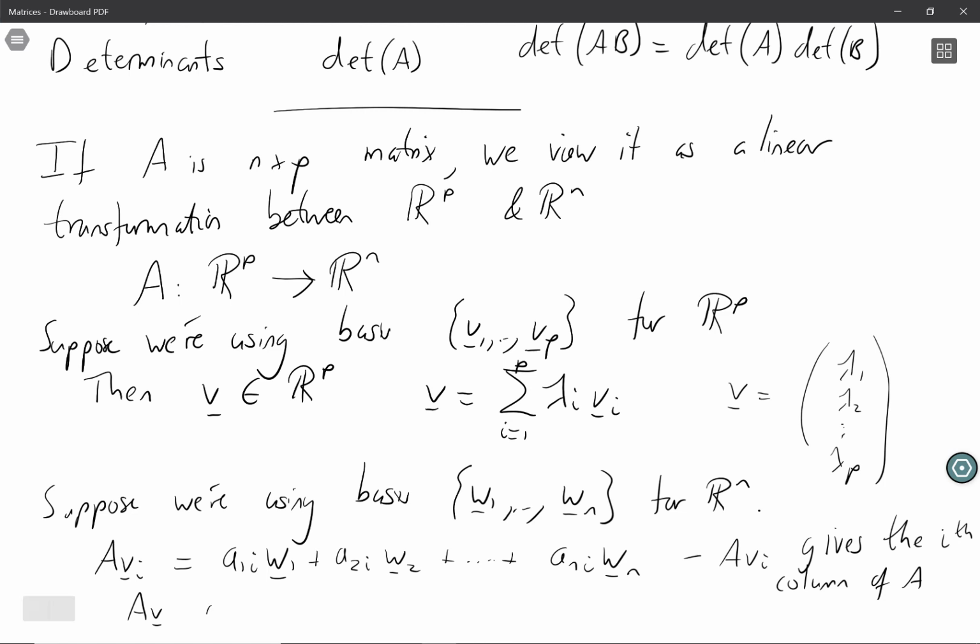So AV gives the coordinates with respect to basis W1 up to Wn.